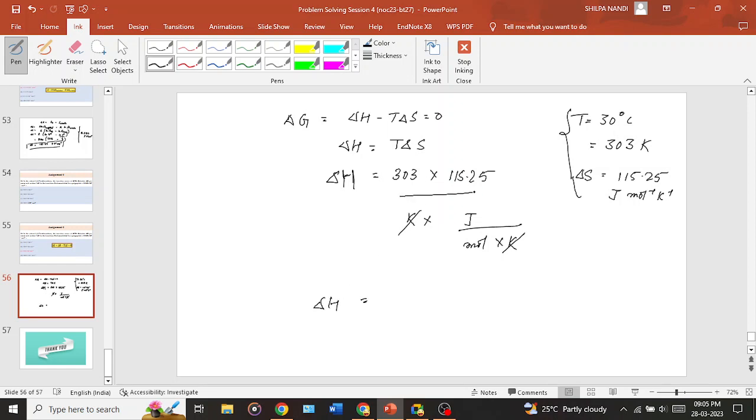If you multiply these two, how much will you get? We calculate. So we will get the answer as 34,920.75. This is in terms of joule per mole.